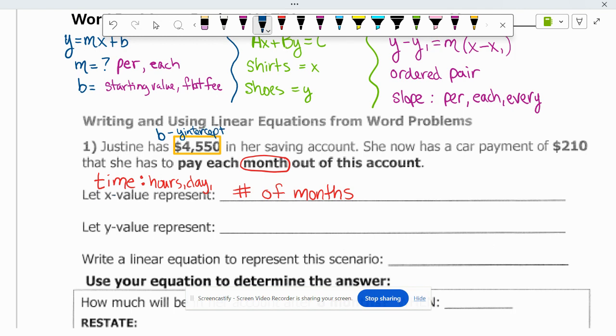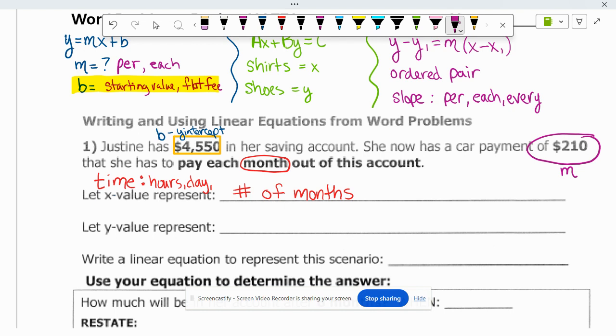Okay. So now we know that we're using this type of equation because we've identified a starting value. So we're using slope-intercept form. So now we have to find the slope. So do you see a dollar amount with per or each? What is she paying per month or each month? $210. So this is my slope. And because she's paying it, she's taking it out of her savings account to pay a bill.